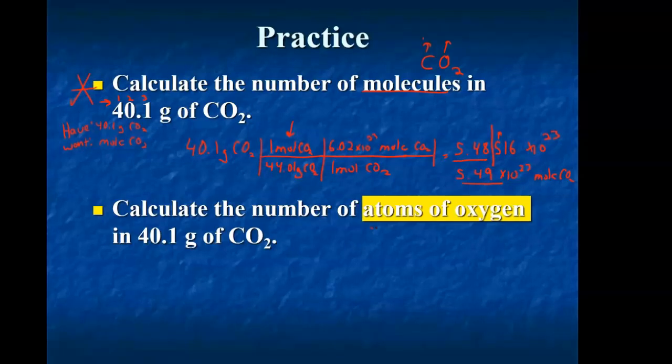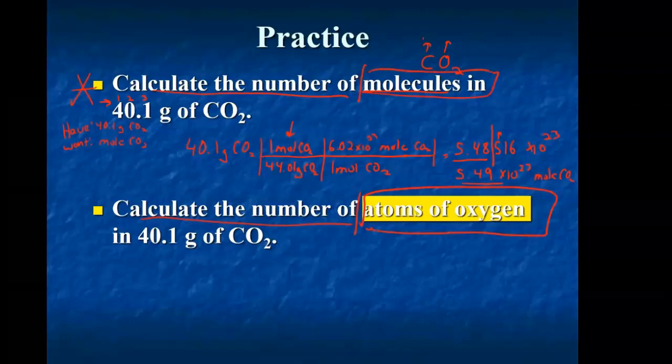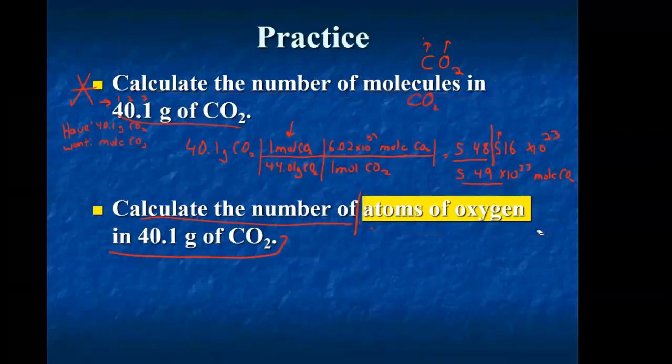So the only difference in both of these problems is this: this one says calculate the number of atoms of oxygen, while the other was molecules in 40.1, same thing, 40.1. So molecules of CO2, this means CO2, but this one is only asking for oxygen.